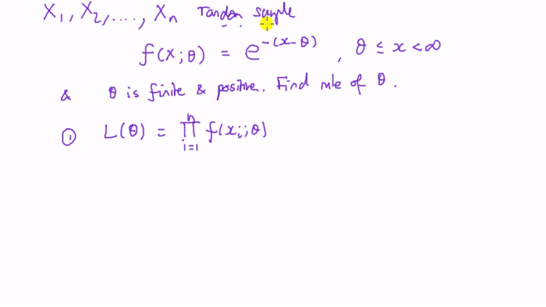Okay, random sample here means the x's are independent. So then this is equal to, and then we just substitute this into here.